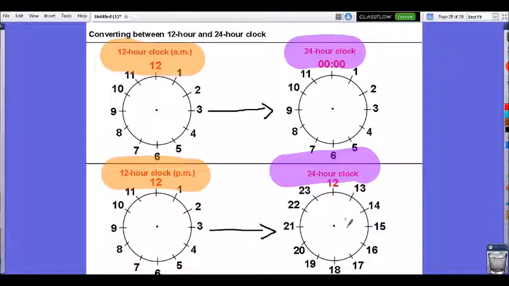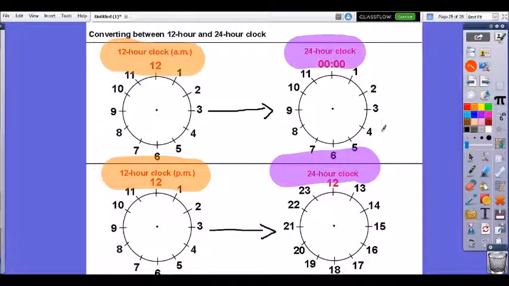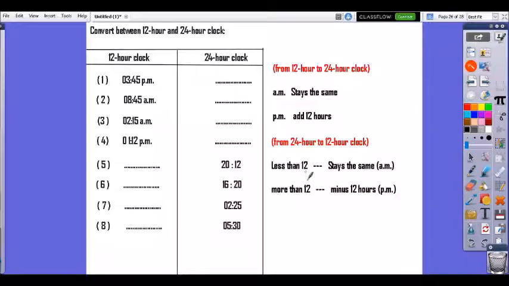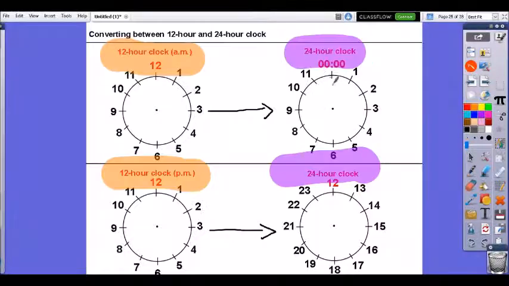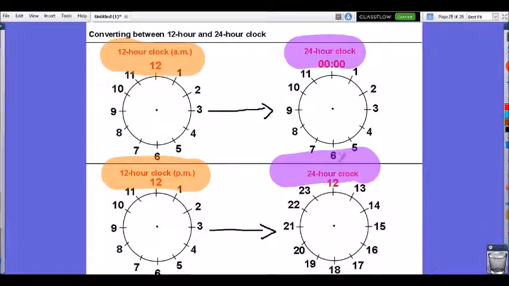All right, mister, what if I want to do the opposite? If I want to convert from the 24-hour clock to the 12-hour clock? No problem. If the numbers are less than 12, like 1, 2, 3, 4, 5, 11, they stay the same. As you see here, if it's less than 12, it stays the same, which means in the AM, 1, 2, 3, 4, 5 until 11 o'clock.